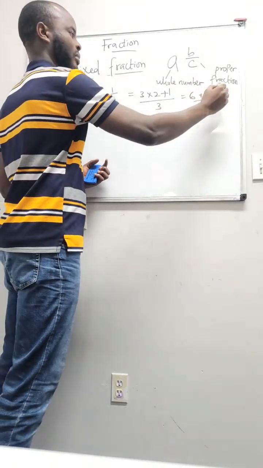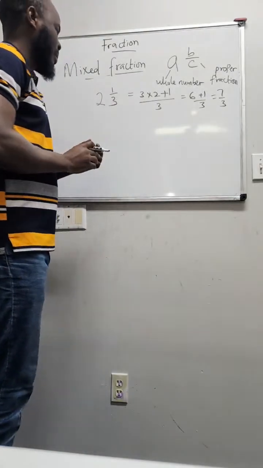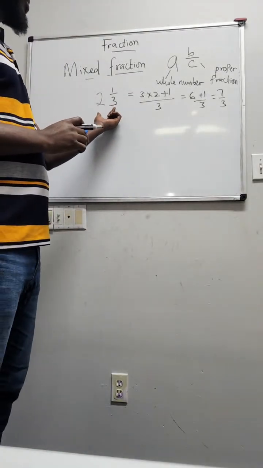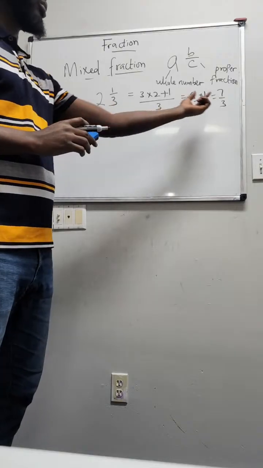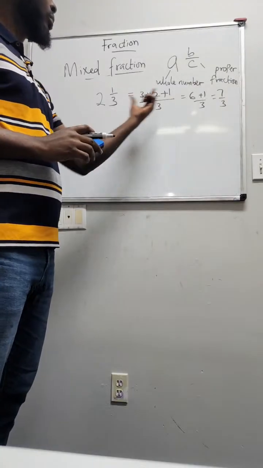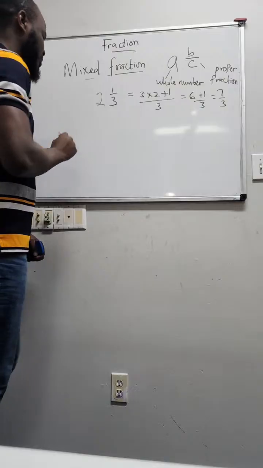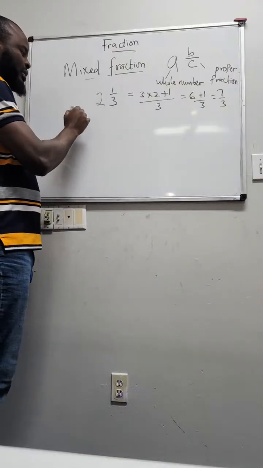And here we have 7 over 3. So from mixed fraction to improper fraction, this is how you switch. Now let's have an example on this. Let's have an addition.